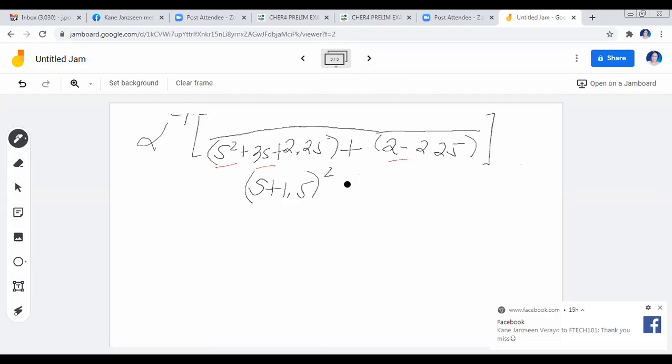So this is negative, and when you take the square root of 0.25, it would be your 0.5. Your 0.5 squared, when you square it, that would be your 0.25. So this is now 0.5 squared.